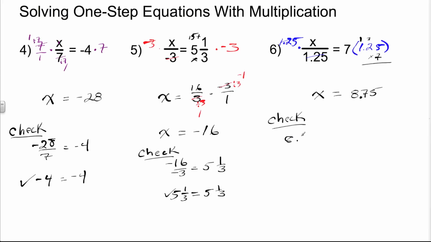So 8.75 divided by 1.25 is equal to 7. And we can do that division. 8.75 divided by 1.25.